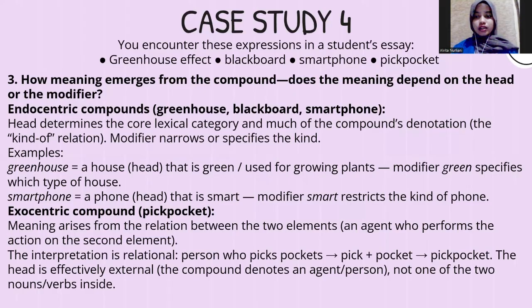The modifier is green and it specifies which type of house. And then the word smartphone, a phone that is smart, and the modifier smart restricts the kind of phone. And then in an exocentric compound like pickpocket, meaning arises from a relation between two elements, an agent who performs the action on the second element.